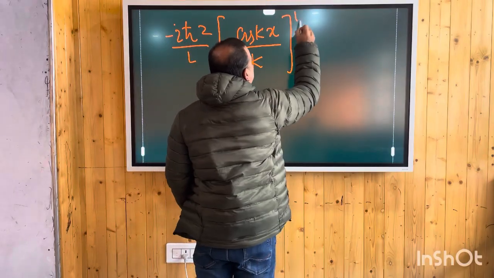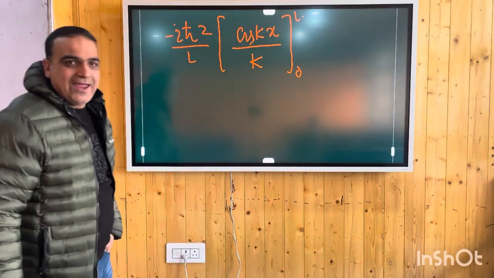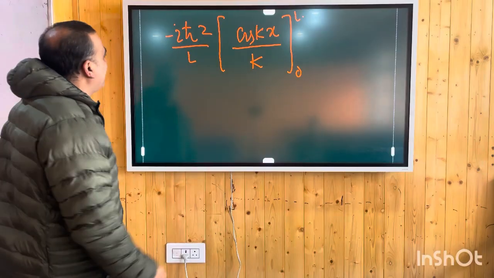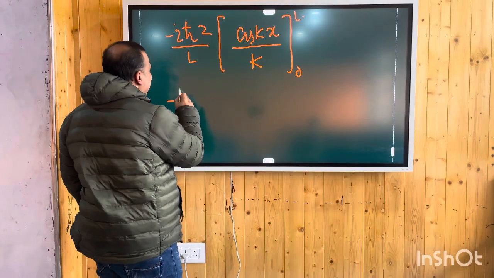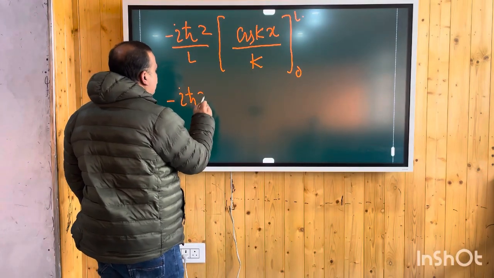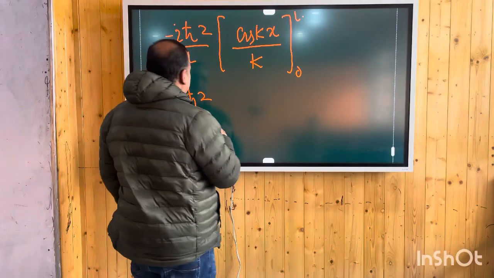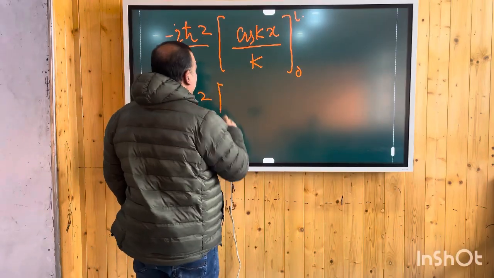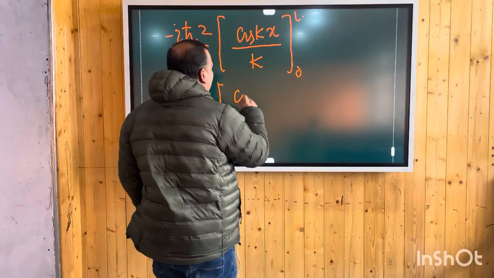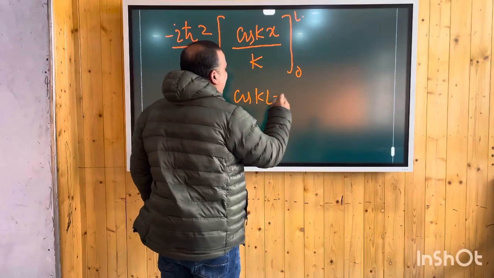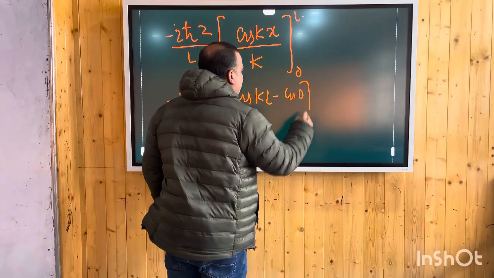From 0 to L. This is what we have, okay? So that's fine. Let's see what will happen now. So what I'll get is minus i h bar 2 by L, and k will be out. Now give the limits, okay? So you will have cos of kL minus cos of 0.